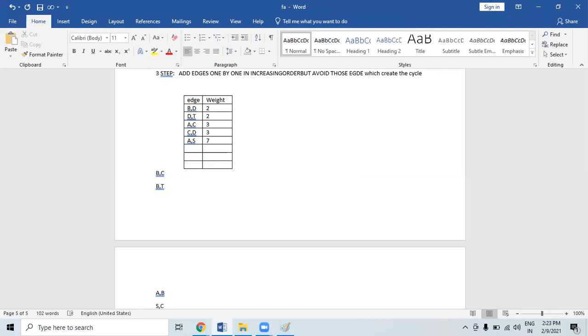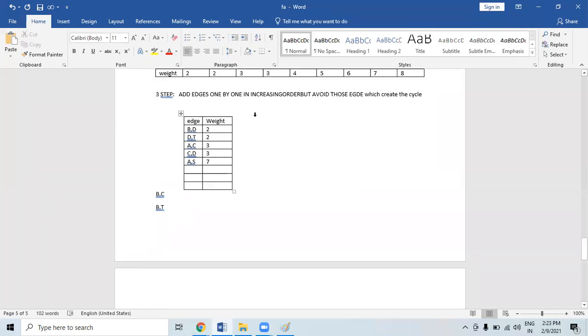We have not added BC, BT, AB, AC, SC because we have to add edges in increasing order.